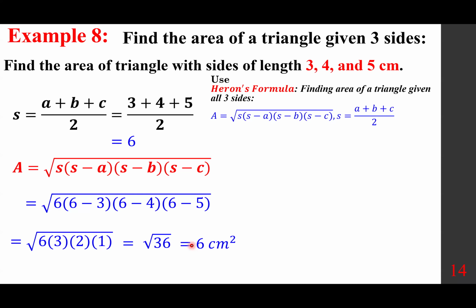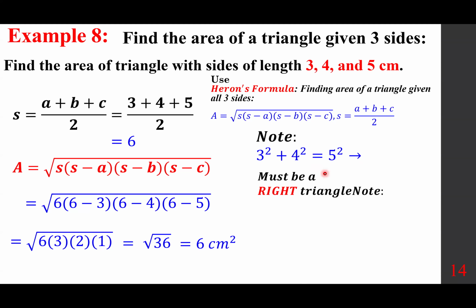Now, in this particular question, I picked it on purpose to make a point, and the point is, notice that 3 squared plus 4 squared is 5 squared, right? 9 and 16 is 25. Because it follows that, it must be a right triangle. The two sides are 3 and 4, and the hypotenuse must be 5.